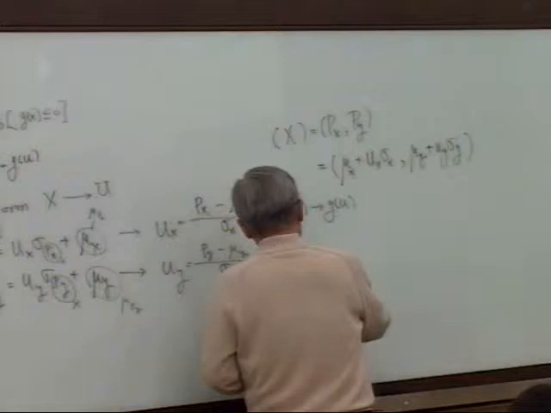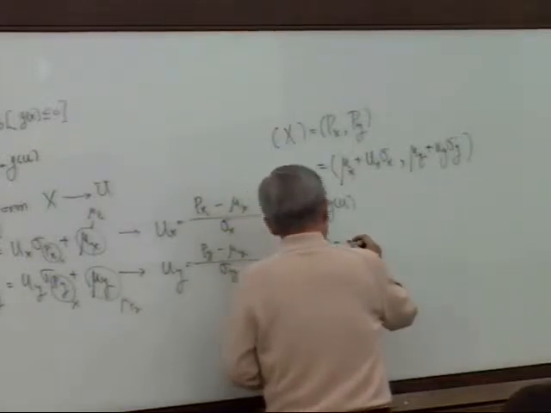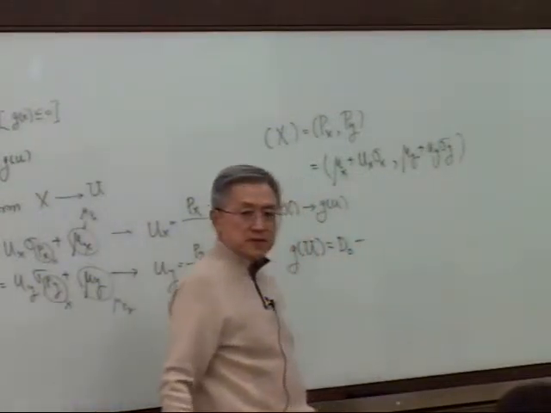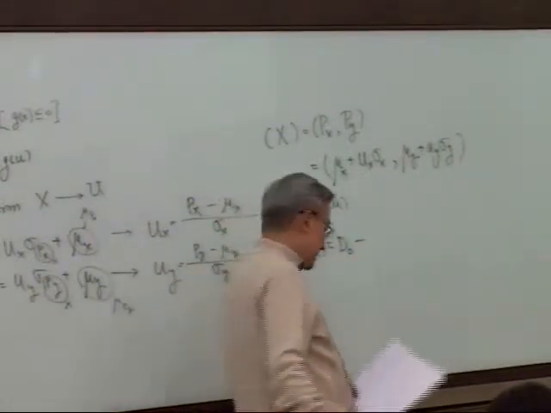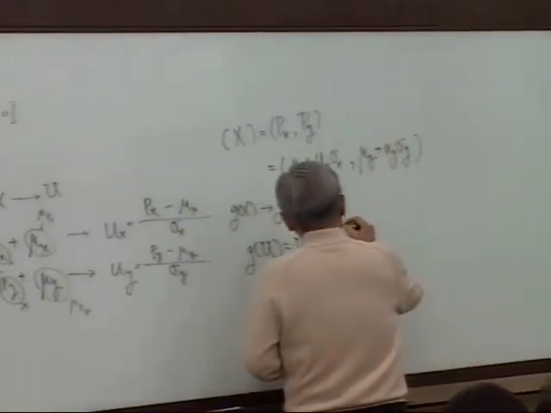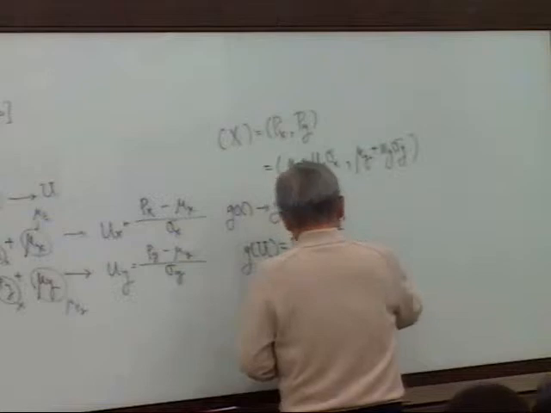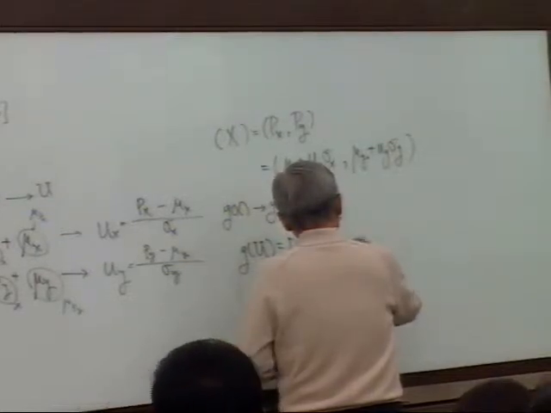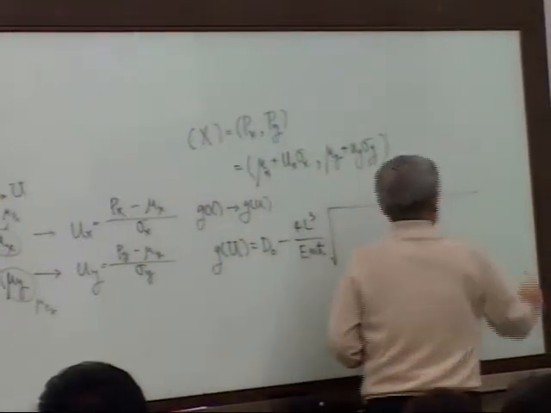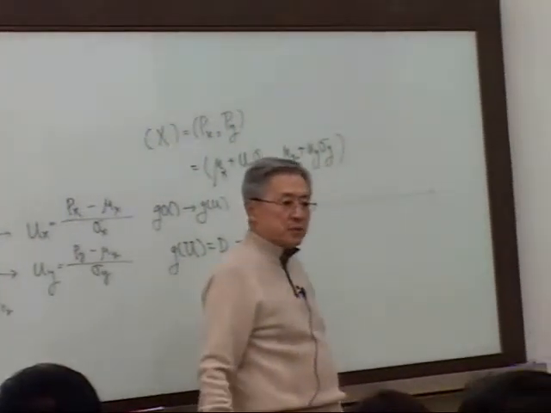If you do this, Gu is equal to d0, which happens to be a constant, 3 inches, minus 4LQ over EWT. This is prep work.